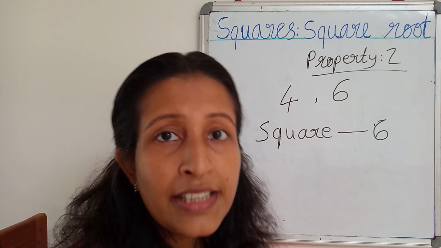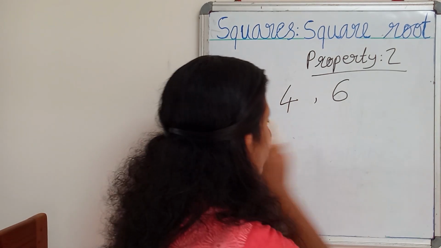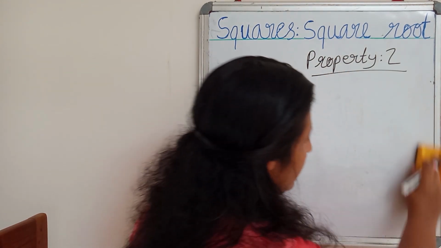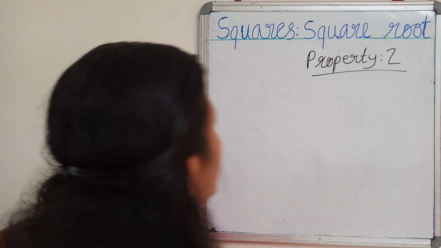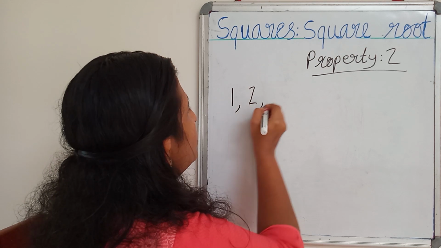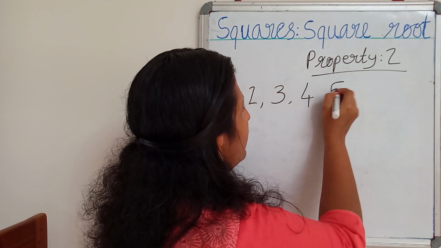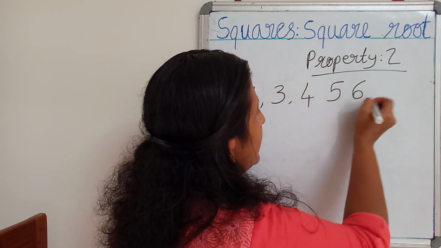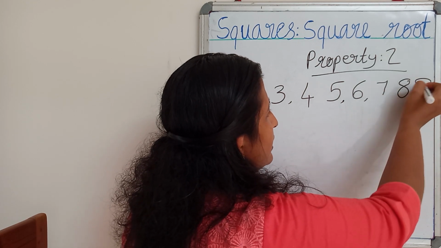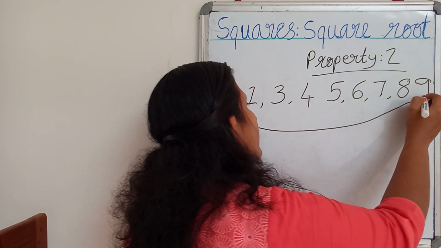Just to learn these properties by heart, I have a trick. See, it's not easy to learn all these things by heart. So, I am going to write down the numbers 1, 2, 3, 4, 5, 6, 7, 8, 9. 1 and 9.